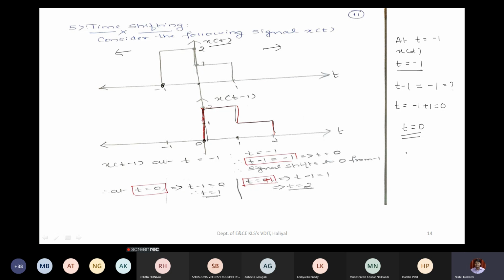If you take t plus 1 instead of t minus 1, that is going to shift the signal towards the left side. So this will go to -2, this will go to -1, and this will go to 0. Somewhere you will get the signal like this: 0, -1, -2.